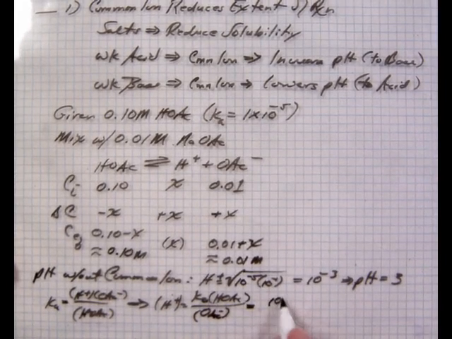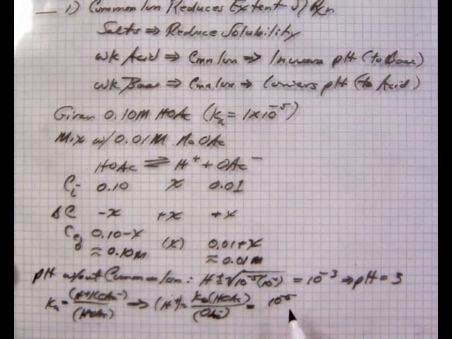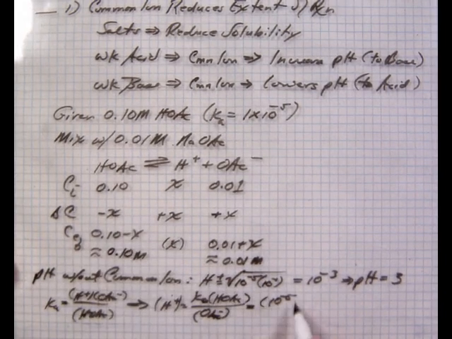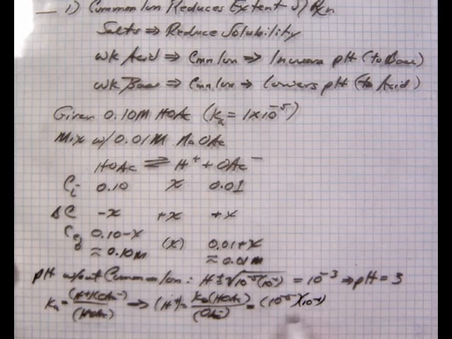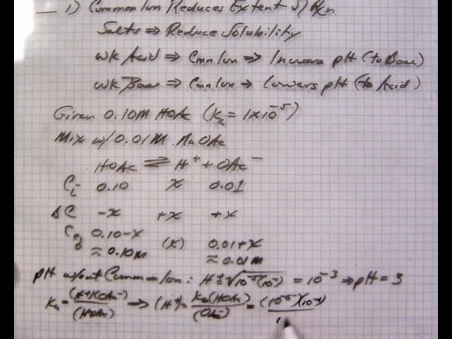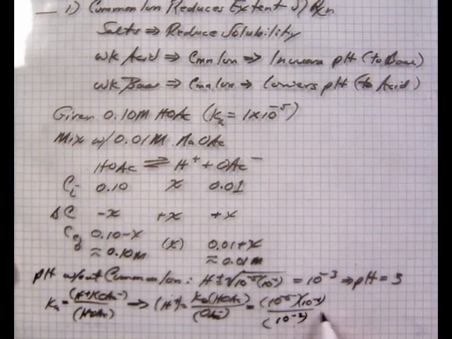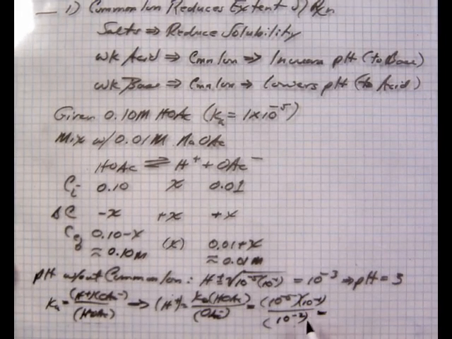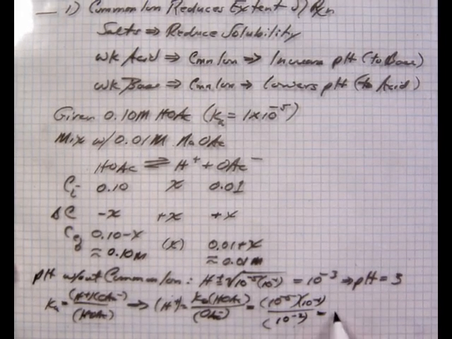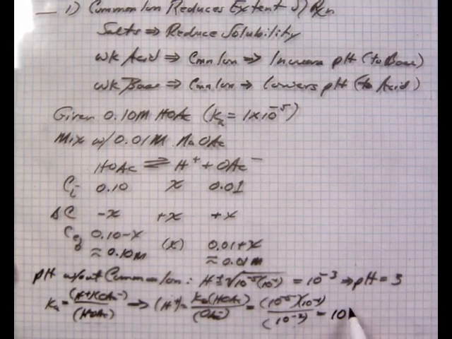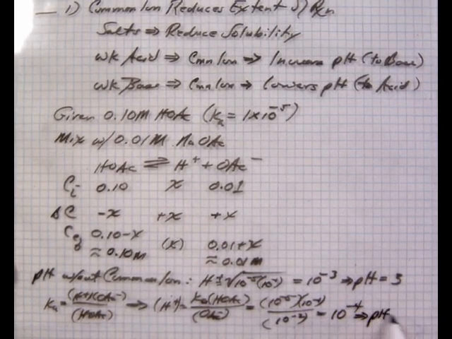So that's 10 to the minus 5 times 0.1, 10 to the minus 1, divided by 10 to the minus 2, and so that adds back to 10 to the minus 4, so this pH would be 4.